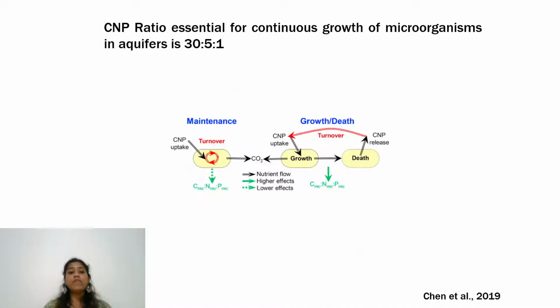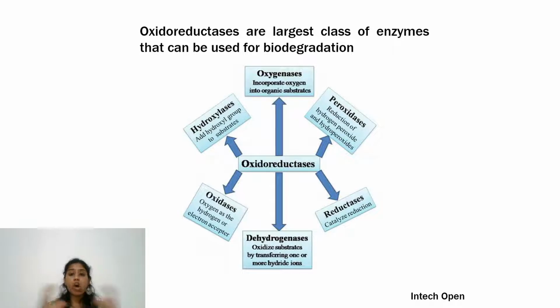And we spoke about enzymes, the different enzymes that are required. The most common and the largest class of enzymes that are used by microorganisms are oxidoreductases, and hence these are also the enzymes that play a major role in biodegradation as well. They are a large family of enzymes. They have multiple functions. They can be hydroxylases, oxidases, dehydrogenases, reductases, peroxidases, and oxygenases.